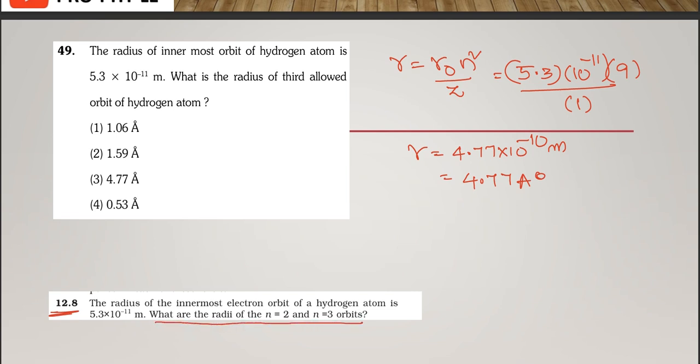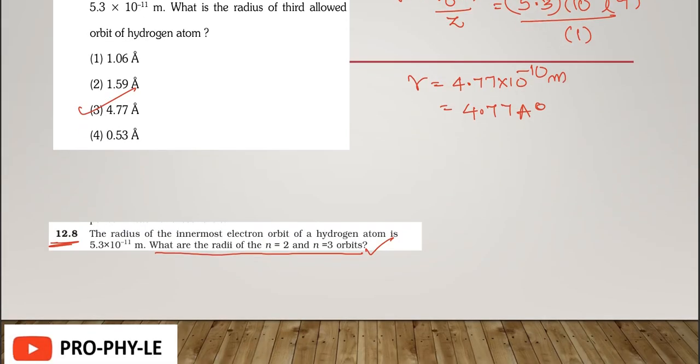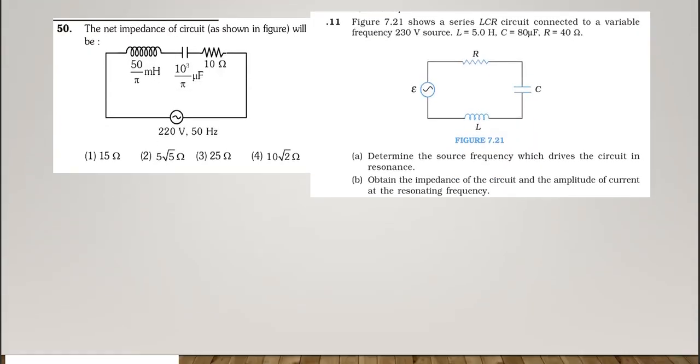What are the radii of n equal to 2 and n equal to 3 orbits of hydrogen? Now just look at this question. The impedance of the circuit will be, as they are asking for the impedance of the circuit, what is the impedance formula? Z is equal to square root of R square plus (XL minus XC) whole square.